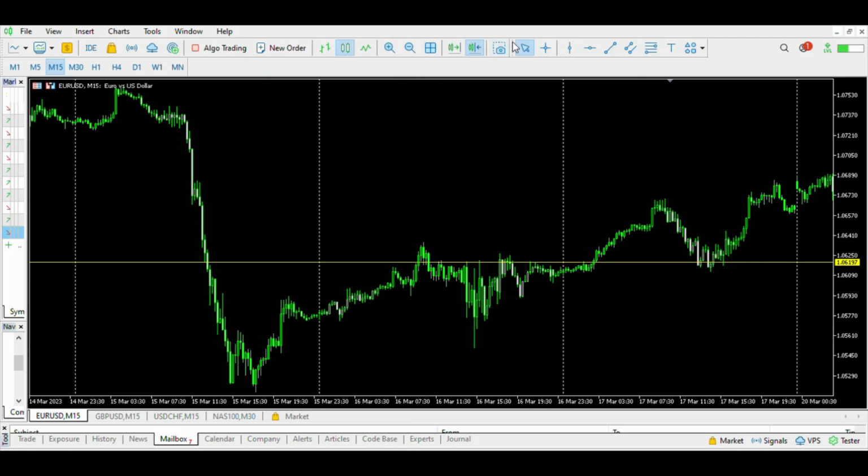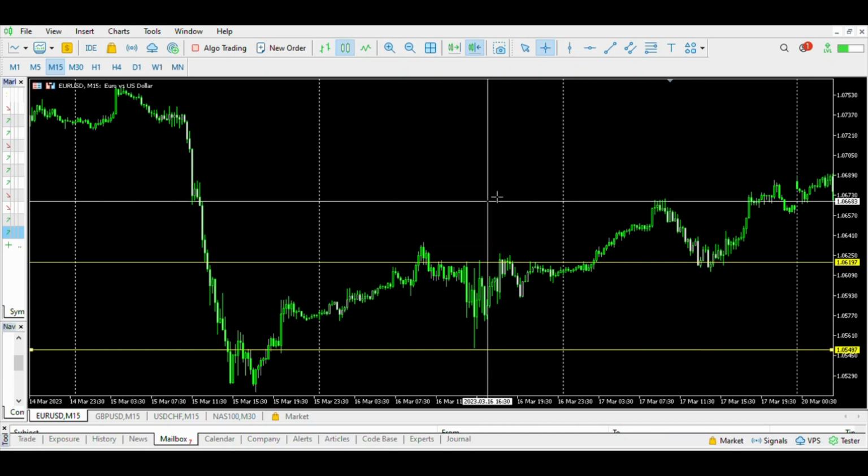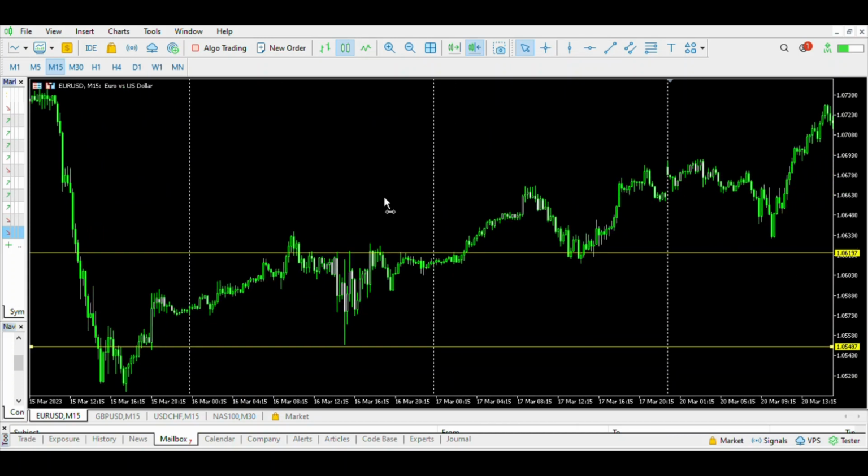So where do you place your stop loss? As this is an uptrend, I place my stop loss at the bottom of this low. So in this trade here, let's just drag this over a bit.